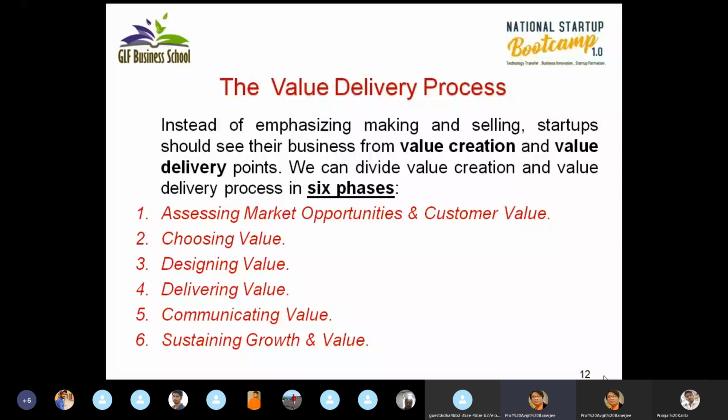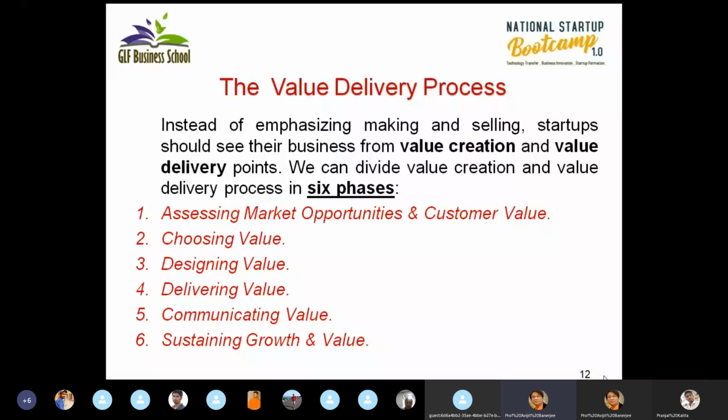We can divide the value creation and delivery sequence into the following 6 phases.